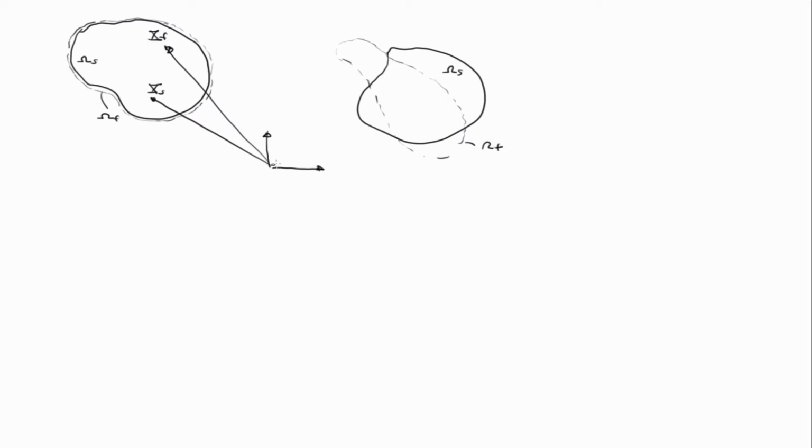And so here you could have little x of the fluid, little x of the solid. And you could actually have other fluid that makes its way into the solid. So fluid that's initially not in the reference configuration of the solid could transport partially into the solid, right?